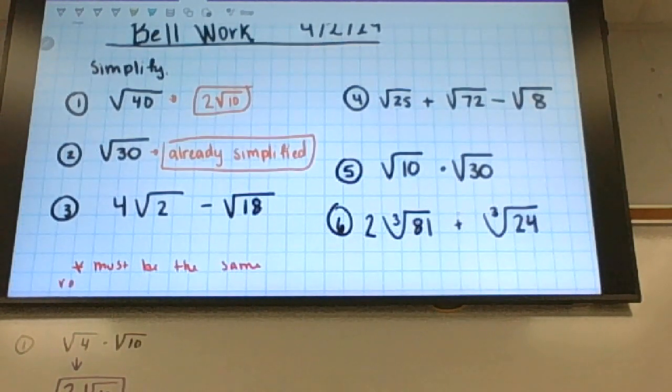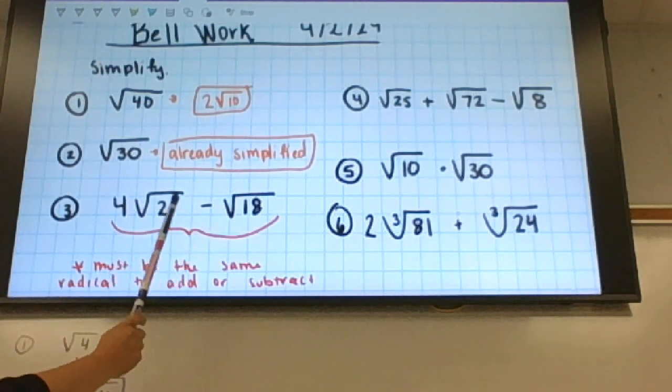Must be the same radical to add or subtract. So I'm kind of stuck here. I can't add or subtract them right now because I have the square root of 2, the square root of 18. Can't do it. What you have to do is simplify first.